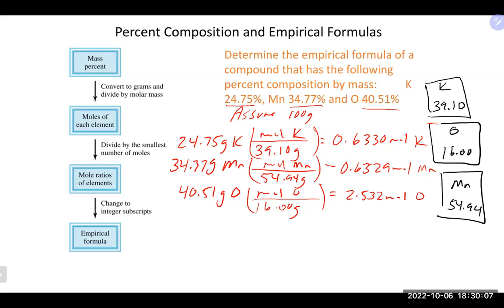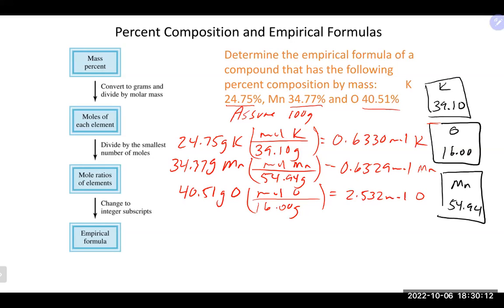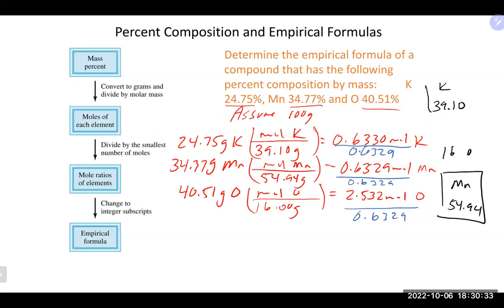At this point, we're going to divide by the smallest number, which in this case is either one of those two, 0.633 basically. So we're going to divide this guy by 0.633, we'll divide this guy by 0.633, and we'll divide this guy by 0.633. That obviously gives us 1 for everybody there.